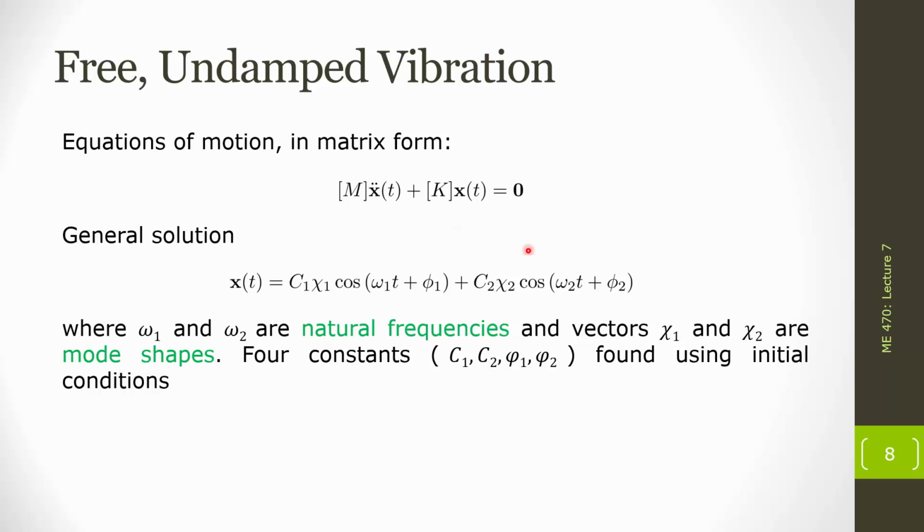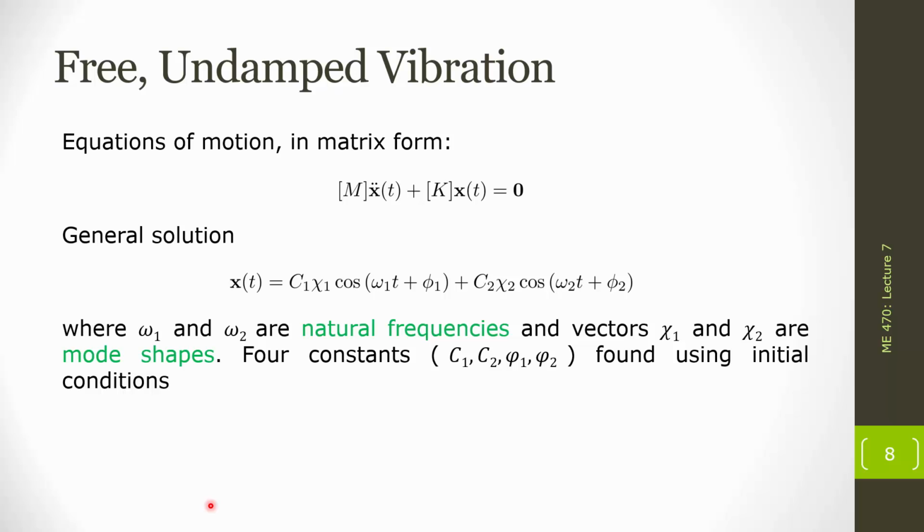The C1 and the C2, like with 1 degree of freedom, are also going to come from the initial conditions. So 4 unknowns we're going to be able to find from our 4 initial conditions because we have 2 degrees of freedom. So each one is going to have an initial position and an initial velocity, giving us 4 initial conditions, so 4 algebraic equations to find C1, C2, phi1, and phi2.